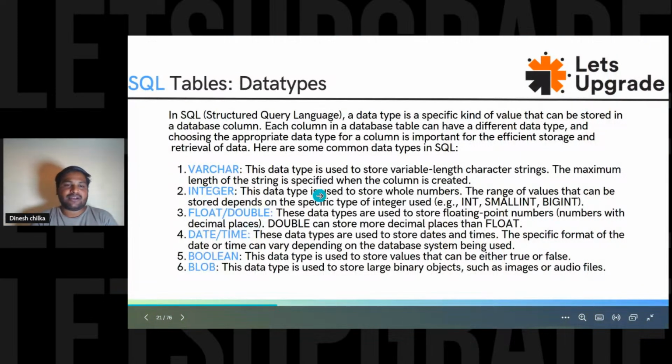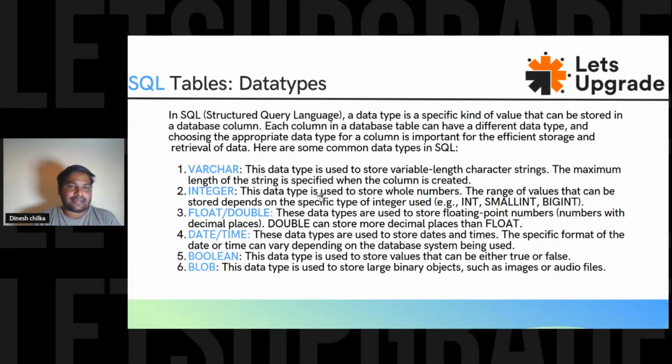Now we will try to understand data types. It is the most important thing. Whenever we are writing a query, we need to write the data type. Without the data type, the query will not be complete. So we will understand what data types there are. Okay.